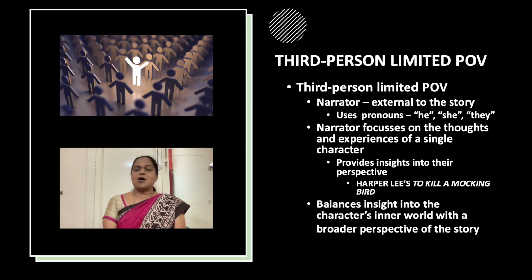He uses pronouns such as he, she, they, and the narrator focuses on the thoughts and experiences of a single character. Thus, he or she provides insights into their perspective, as you find in Harper Lee's To Kill a Mockingbird. It balances insight into the character's inner world with a broader perspective of the story.